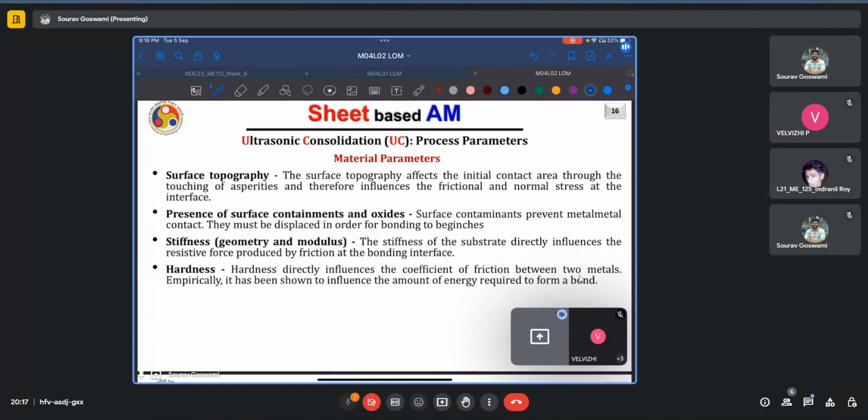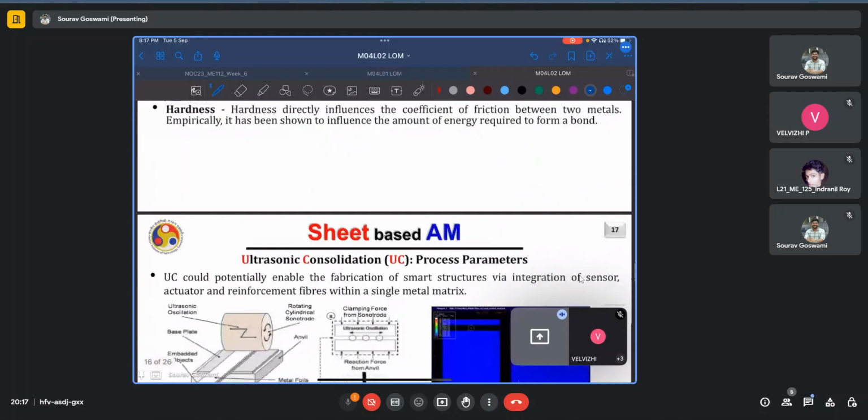The presence of surface contaminants and oxides may prevent metal to metal contact and must be displaced. The geometric and modular stiffness of the substrate are also direct influences on the resistive force produced by friction at the bonding interface. And the hardness of the materials is, of course, important.